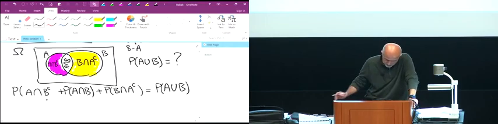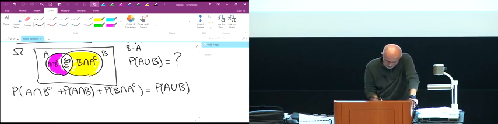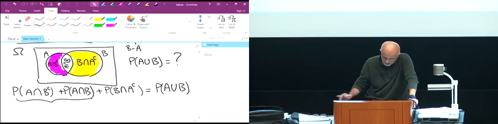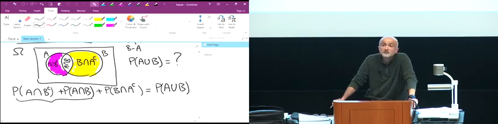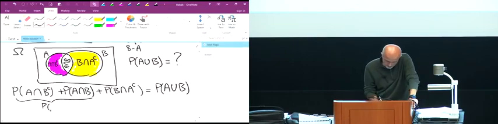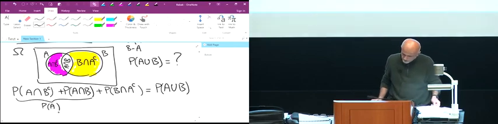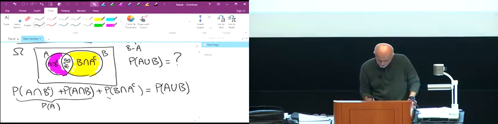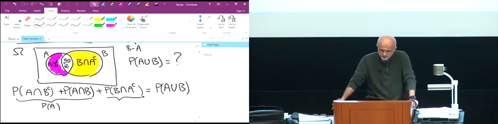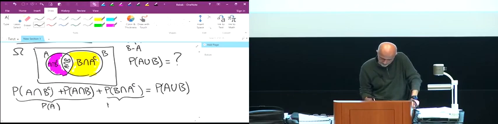I think we've split it into too many pieces here. What happens if I add these two? That's the probability of A. And how can I write that? Probability of B minus the probability of A and B.